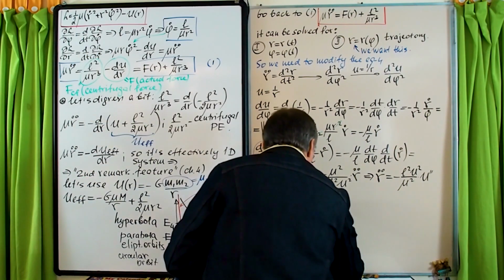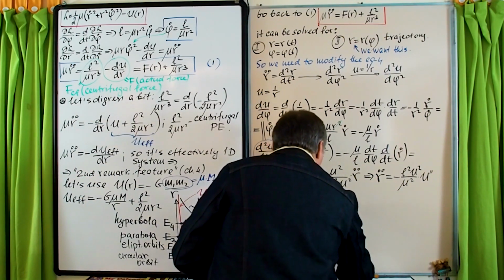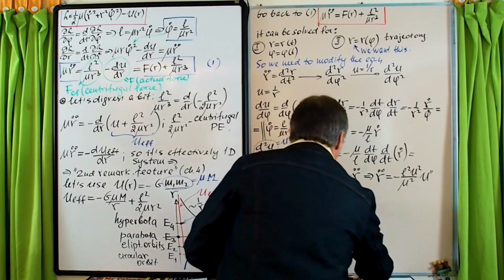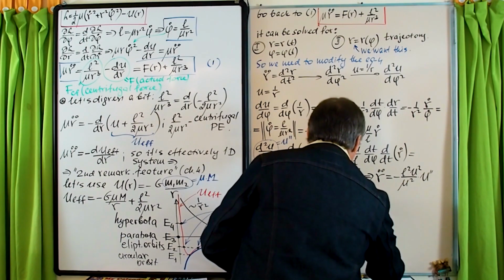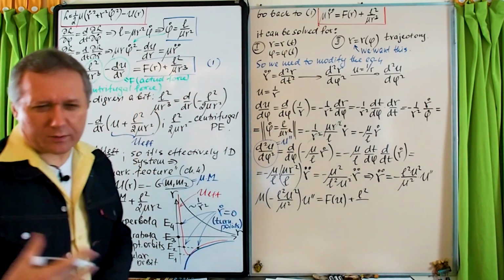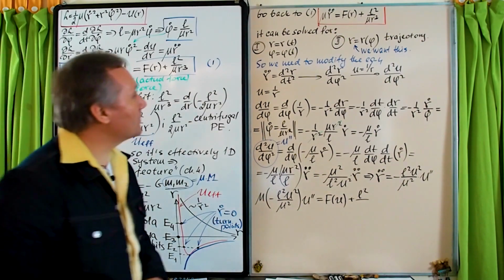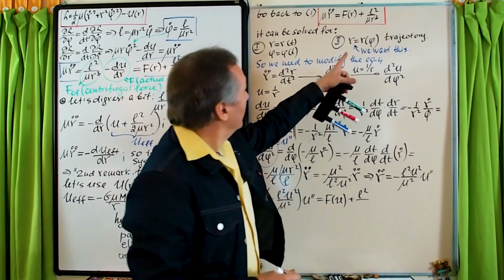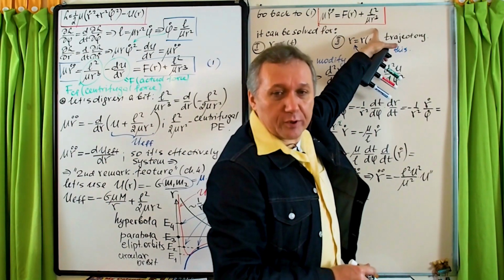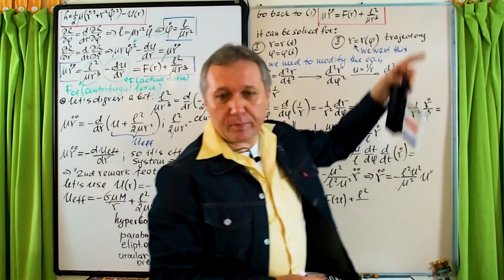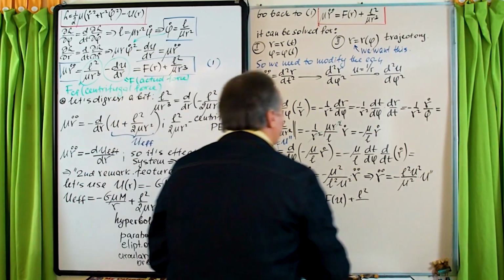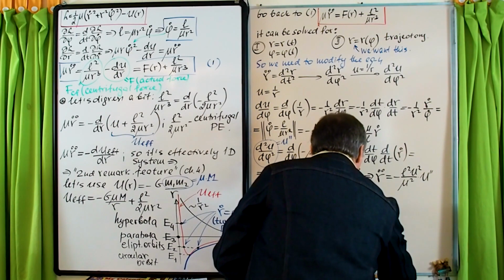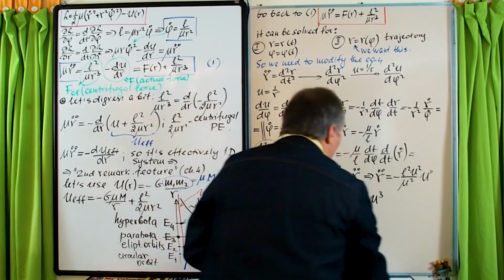So you can easily write it as F as a function of u, plus our centrifugal force term. But again, r will be replaced with u, so u to the power of 3 will appear in the numerator. L squared and u to the power of 3 over mu.